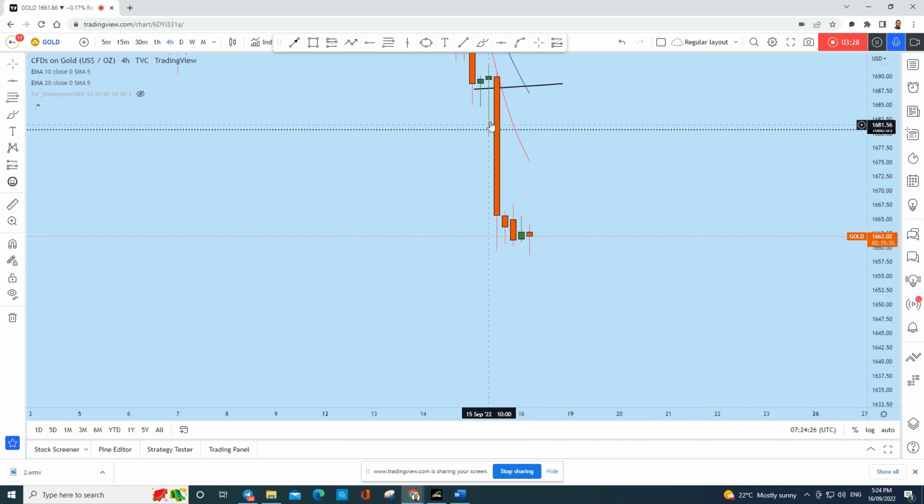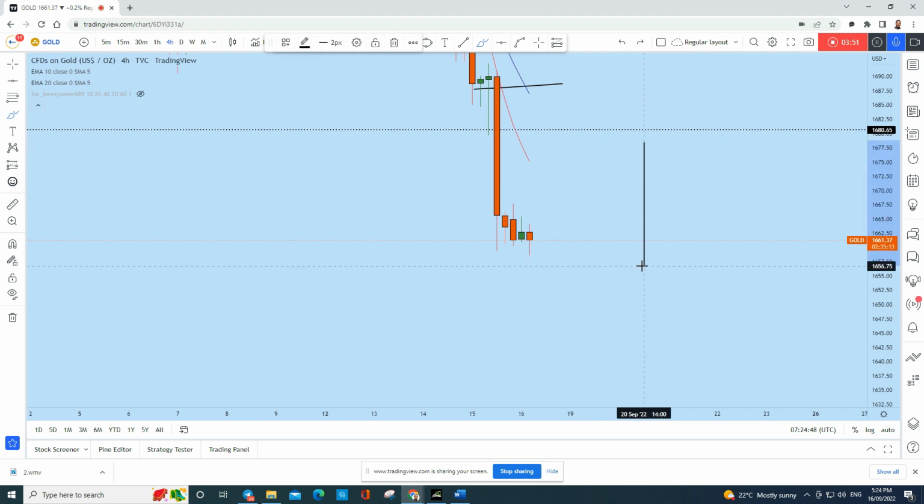As you can see, after this big drop, the way the price action formed, we have seen a candle. This is a bearish engulfer. It's a textbook bearish engulfer which has crossed the previous one completely to the upside. This is a liquidity grab, and then this candle has closed with a full red body.